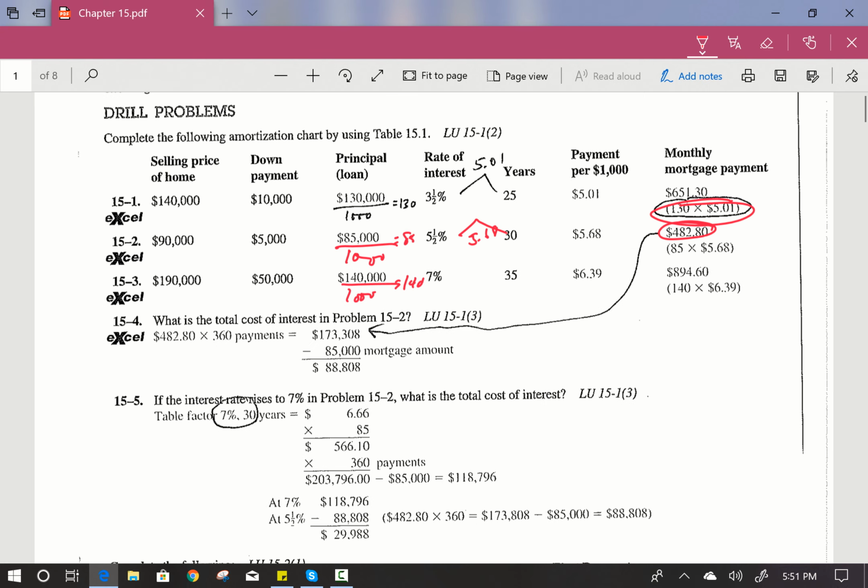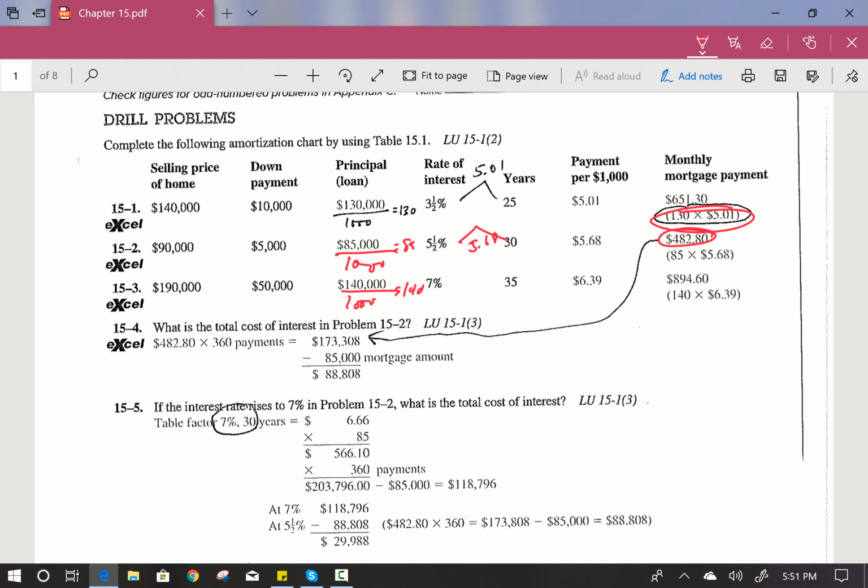Multiply 6.39 times 140, and that will give us our monthly payment of $894.60. Now, the $894.60 does include the principal and the interest, and then any property tax, PMI, and insurance charges will be attached on top of that, and an escrow account will be created for you. So your monthly payment will technically not be $894.60, but it'll add those other taxes and insurance as well.